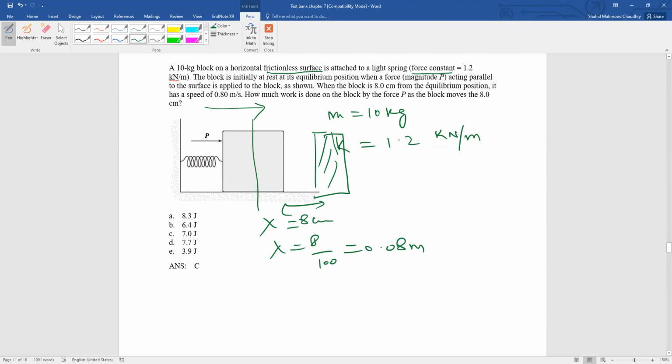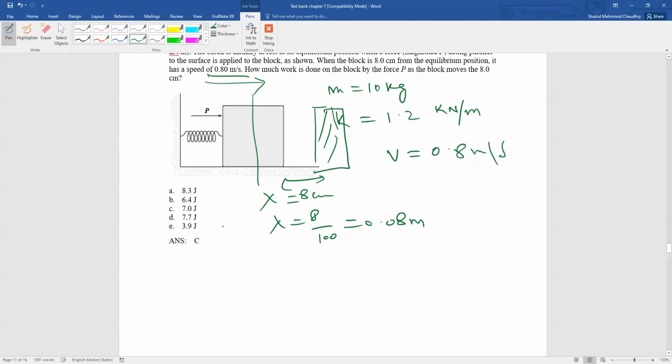Now the speed is also given, 0.8 meter per second. It means that if the speed is given, the spring has both kinetic and potential energy. So what we will do? We need how much work is done by the force. So we need the work done. Here the work done is equal to potential energy plus the kinetic energy.